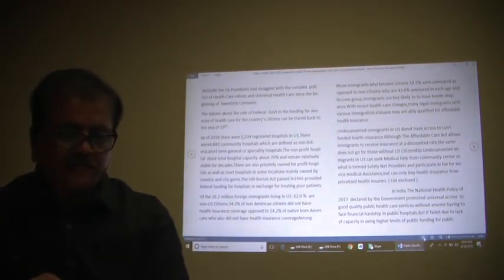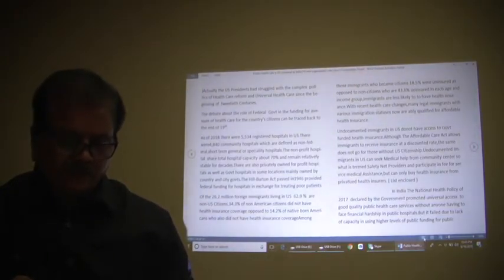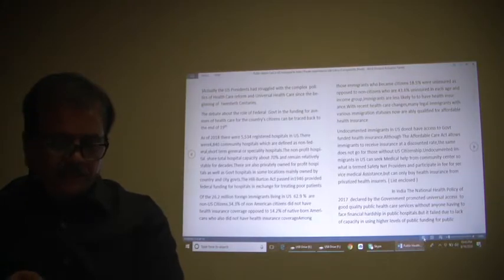And some safety nets like Medicaid, CHIP and ACA are being implemented in most of the districts and states in the US. The health delivery system in the US is generally by the public sector as well as by private corporates.